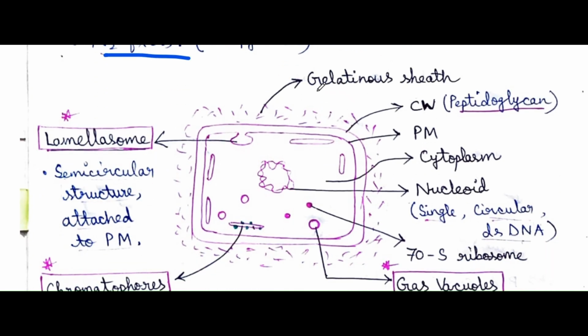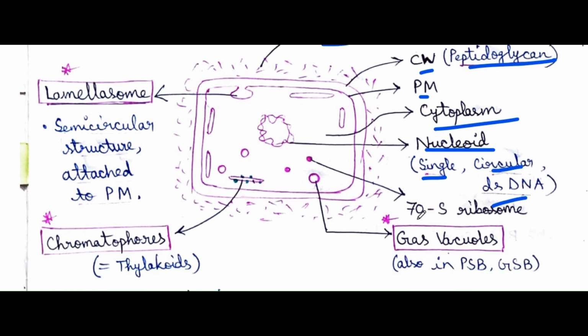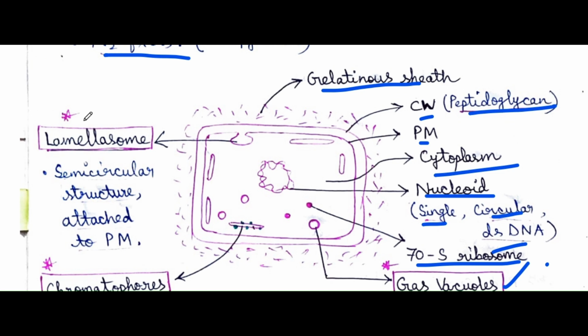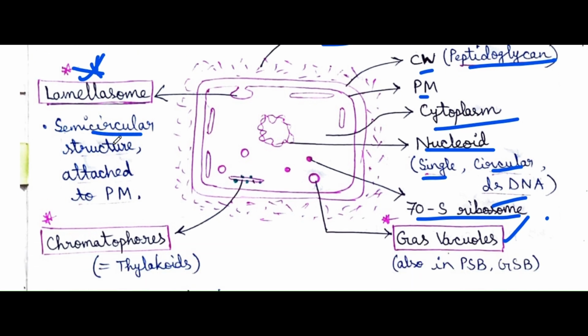They have some important characteristics: gelatinous sheath, cell wall made of peptidoglycan, plasma membrane, cytoplasm, and a nucleus that is single, circular and double-stranded. They have 70S ribosomes. They have gas vacuoles, which are also found in purple sulfur bacteria and green sulfur bacteria. They also have lamellasomes, semicircular structures attached to the plasma membrane.